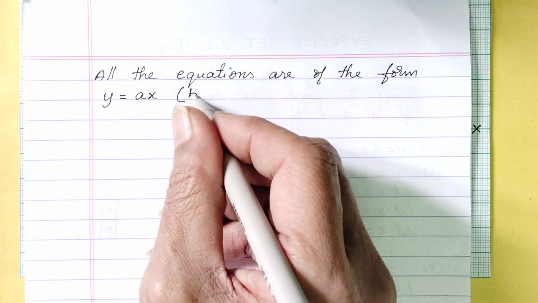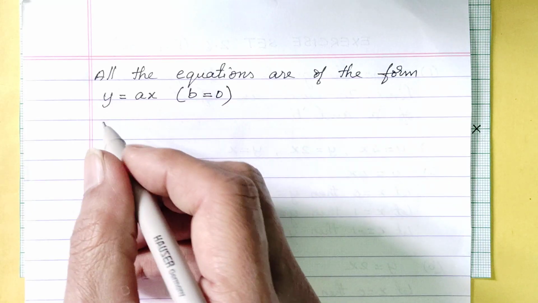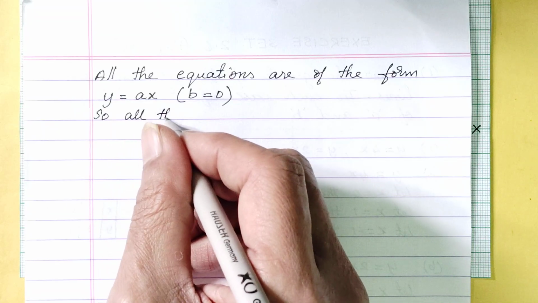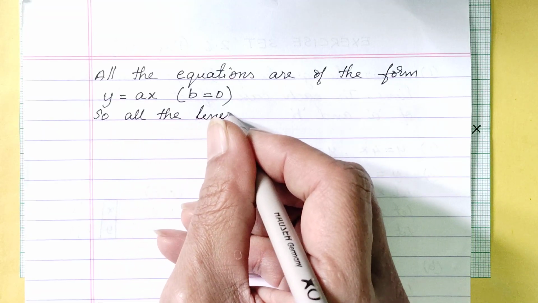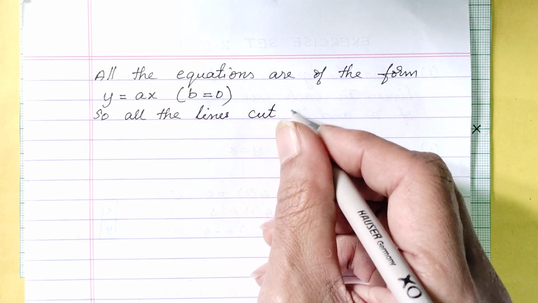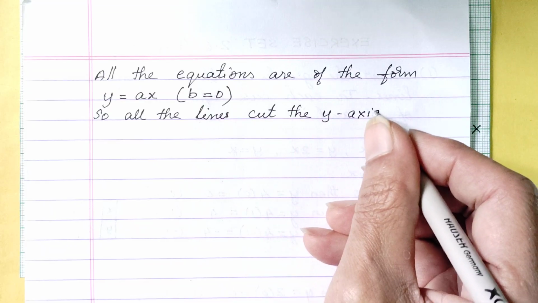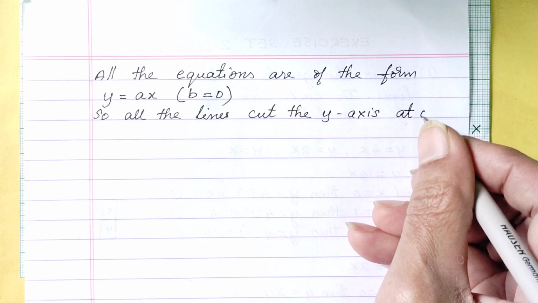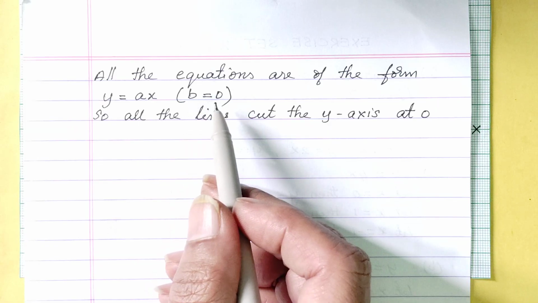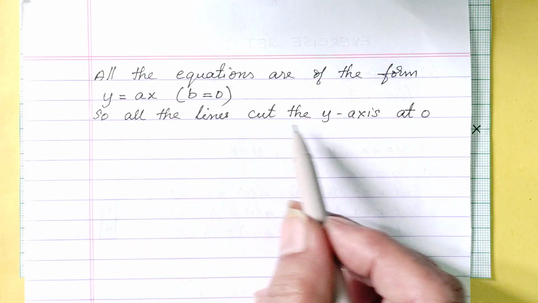Here the value of b is 0. So all the lines cut the y-axis at 0, because the value of b shows where the line cuts the y-axis. It is 0, so all the lines cut the y-axis at 0.